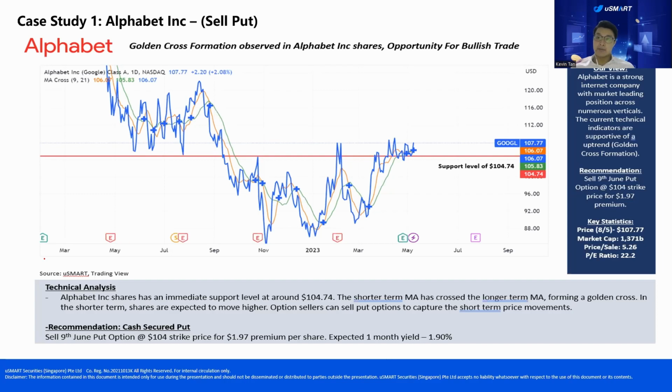So if you sold this 1 month option, you could get a yield of 1.9%. Once again, while it may not sound like a huge dollar amount, 1.9% over a 12-month period is almost 24 percentage points, and it is not easy to beat a 24 percentage point return.